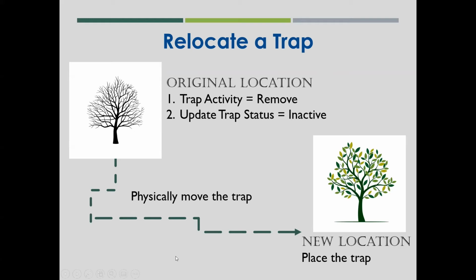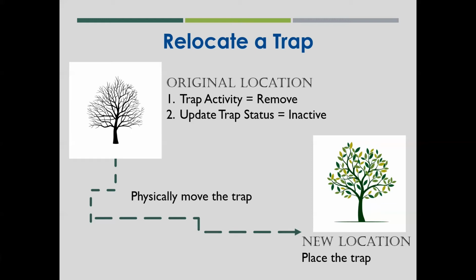But a lot of folks think if they remove a trap, that symbol should also be removed from the map. And in fact, it does not remove the symbol on the map, and completing the steps doesn't remove that symbol. Even if you hit remove, it's correct and very important to the data capture that the entire history of that trap location is recorded and retained.